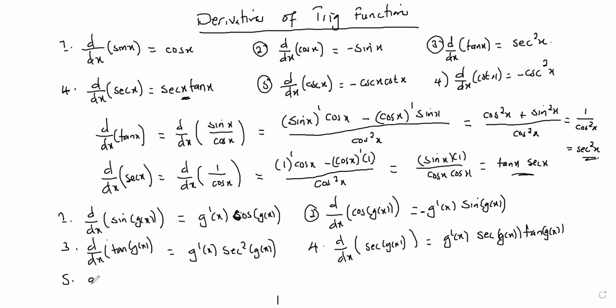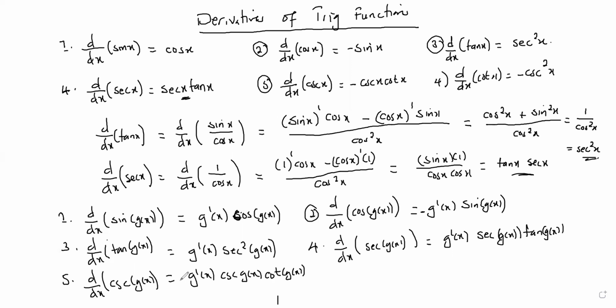I want us to be sure that this is on, so you don't make any mistake here. Whenever you put a function inside, what you do is you differentiate the function, and then you have the cosec of gx, and then you have the cot of gx.